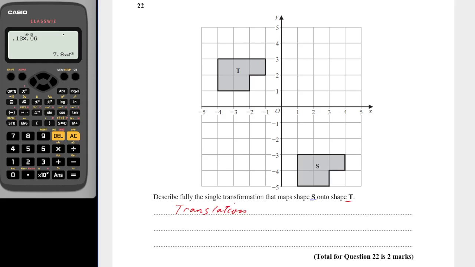If we pick a like point, so let's say that point and that point, to get from there to there, I would need to go across. So that's going to be minus, because we're going to the left, so minus 2, 4, 5, minus 5, and then up 2, 4, 6, so minus 5, 6.